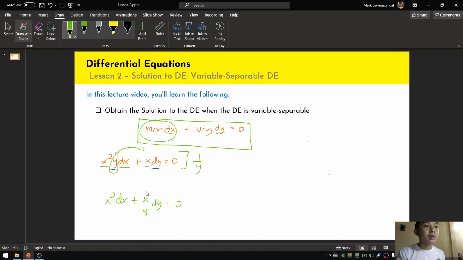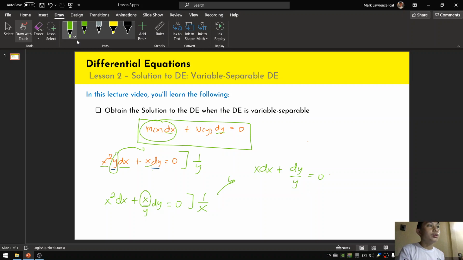Now the only thing that remains is the x in the dy part, so you again divide by x. So we'll have x dx plus dy over y is equal to 0.